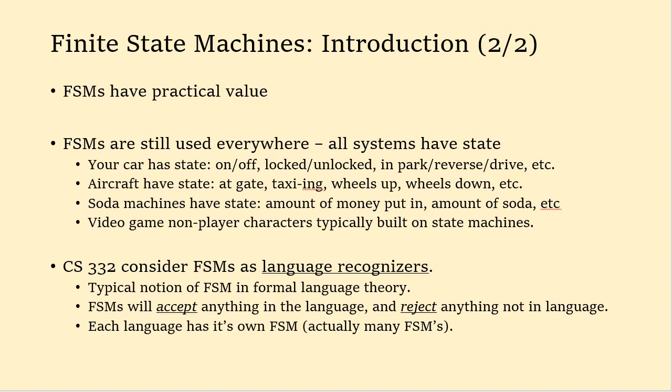And when they recognize those strings, we say that the finite state machine accepts it. So if you have a finite state machine, you feed it a string as input. If that string is in the language that the finite state machine represents, the finite state machine will accept that string. And then if not, it will reject that string. Every language has its own finite state machine, and as you would suspect, there are an infinite number of finite state machines for each language, most of which are trivial.